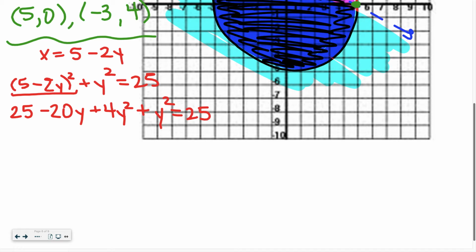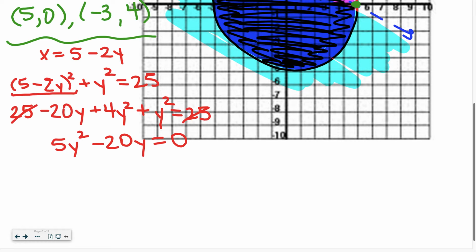Ooh, what happens? Wouldn't these 25s cancel out? And we have 5y squared minus 20y equals 0. Where did you get the 25 from?